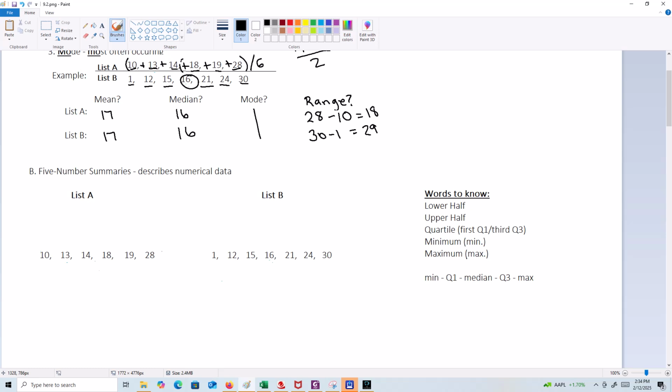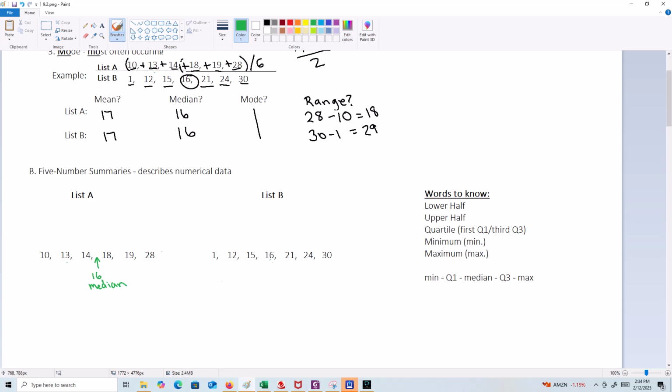So there is another way to describe numerical data, and it's using 5-number summaries. The 5-number summaries include the median. So let's go ahead and mark that up into our lists right away. The median for list A we've already calculated, and it was 16.